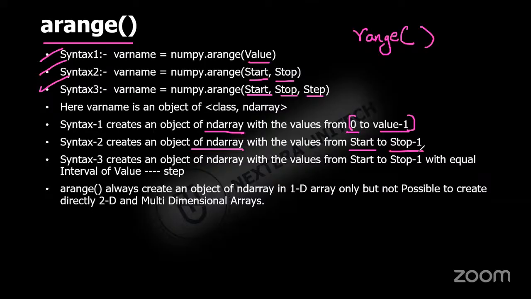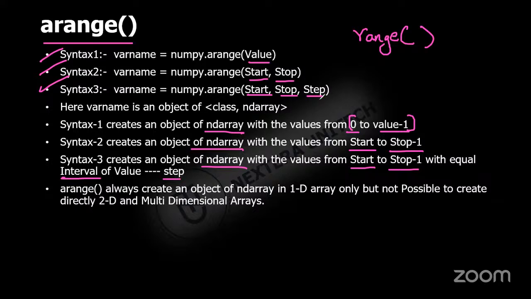And syntax 3 says to create an n-dimensional array object, where the values start from start and end at stop minus 1. But these values will have an equal interval, that is step.